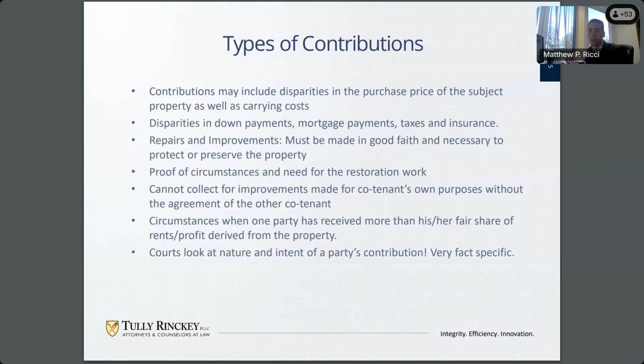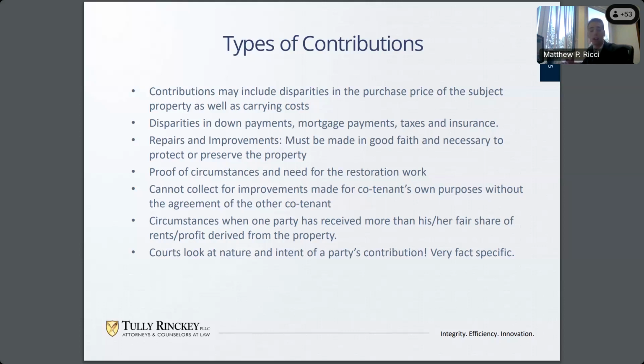Those types of examples are really the most common disparities in contributions. Again, contributions may also include and involve repairs and improvements.